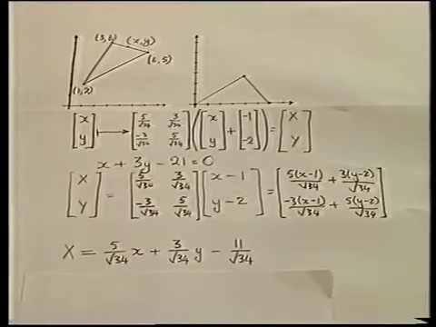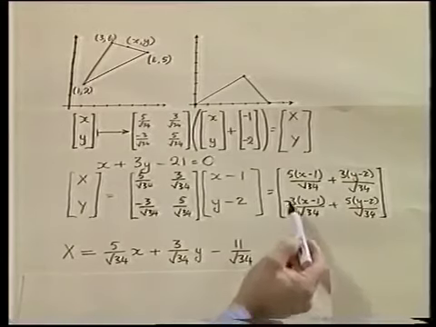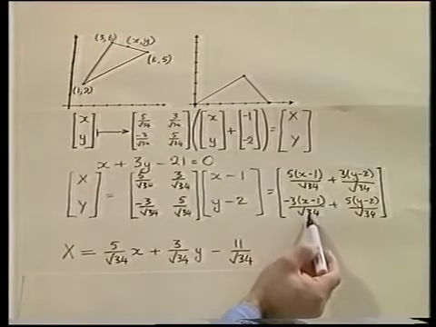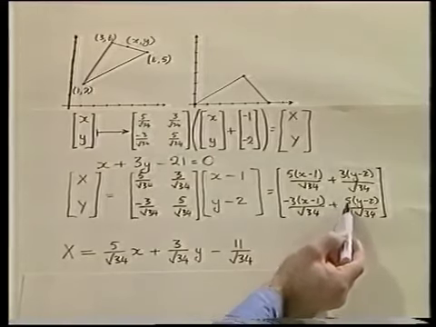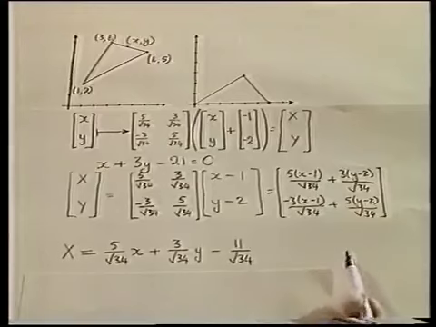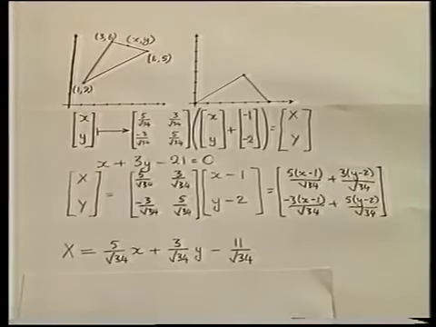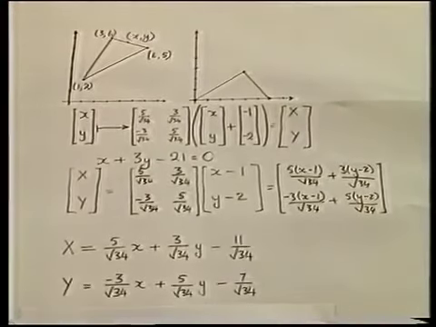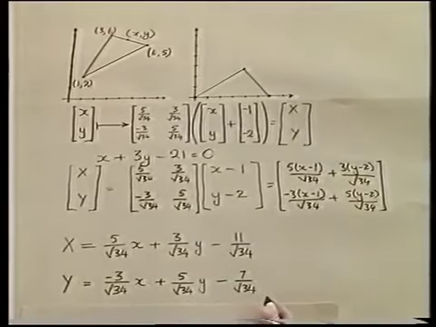So that's capital X. And for capital Y, I get minus 3 times x over root 34 plus 5 times y over root 34 and some numbers which collect up to give me minus 7 over root 34. So capital Y is that lot.